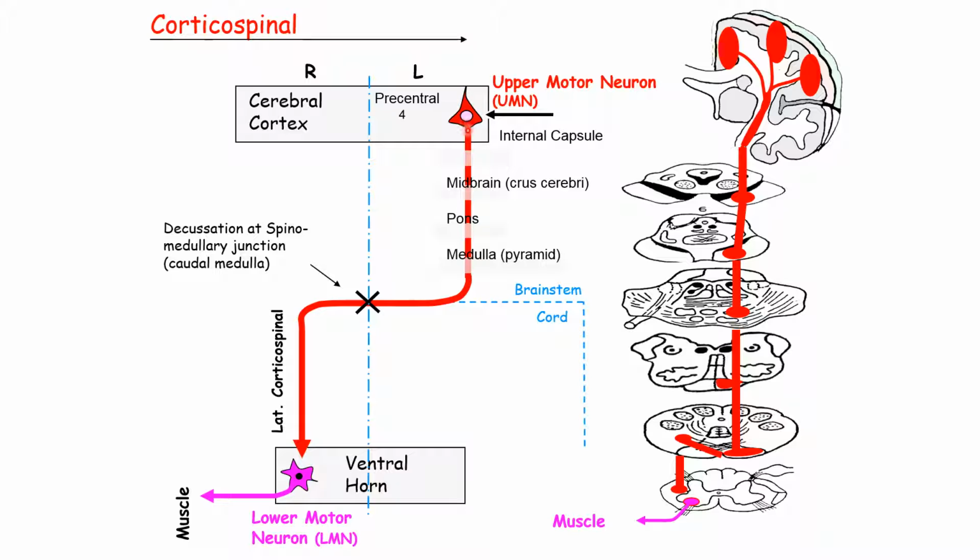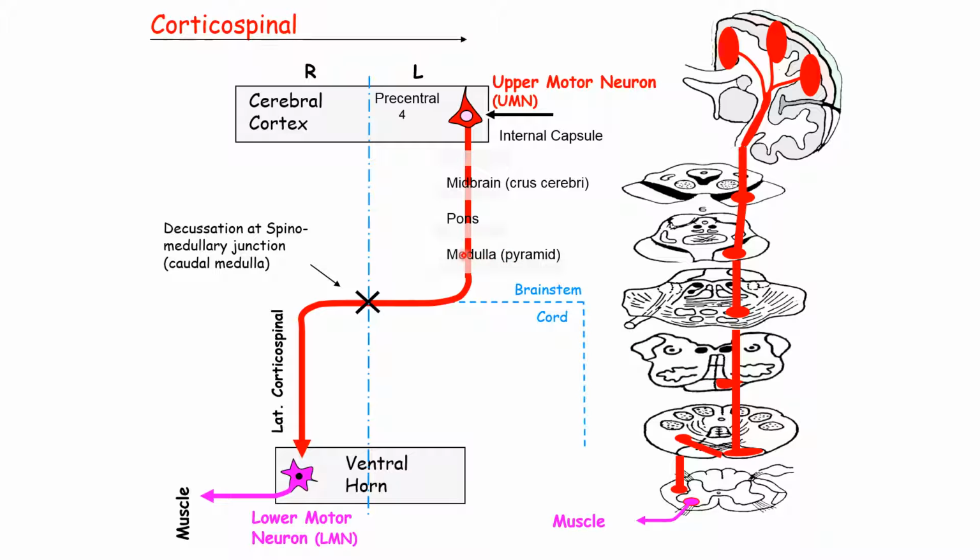It will send its axon down through the internal capsule into the midbrain, where it's in the crus cerebri. You see that over here. Down through the pons. You see it over here. Down to the medulla, where it is in a position known as the pyramids. You see that over here.